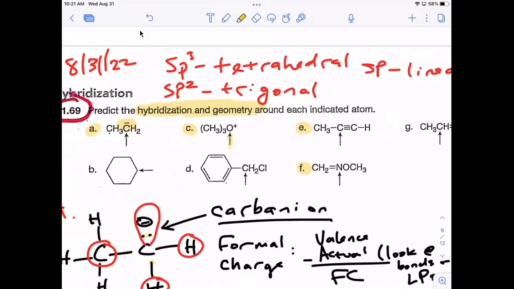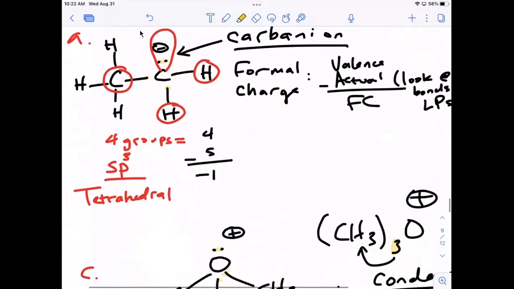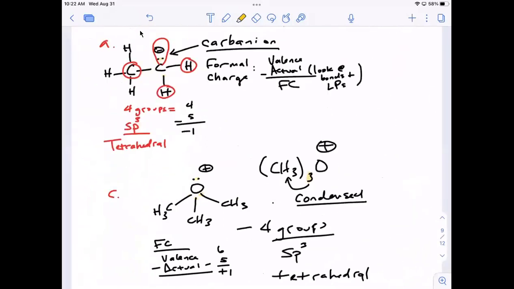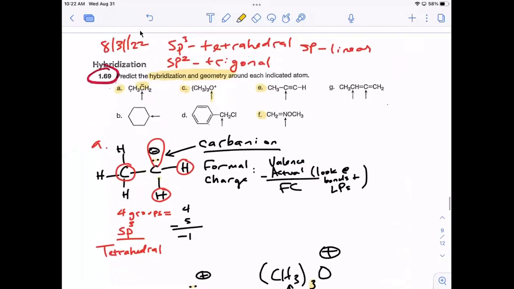Because the question asked to predict hybridization and geometry around each indicated atom. So we're just doing what it's telling us to do. But we could have done any of them, because those CH3s are hybridized as well. They're all SP3. But yeah, we're just following the example.